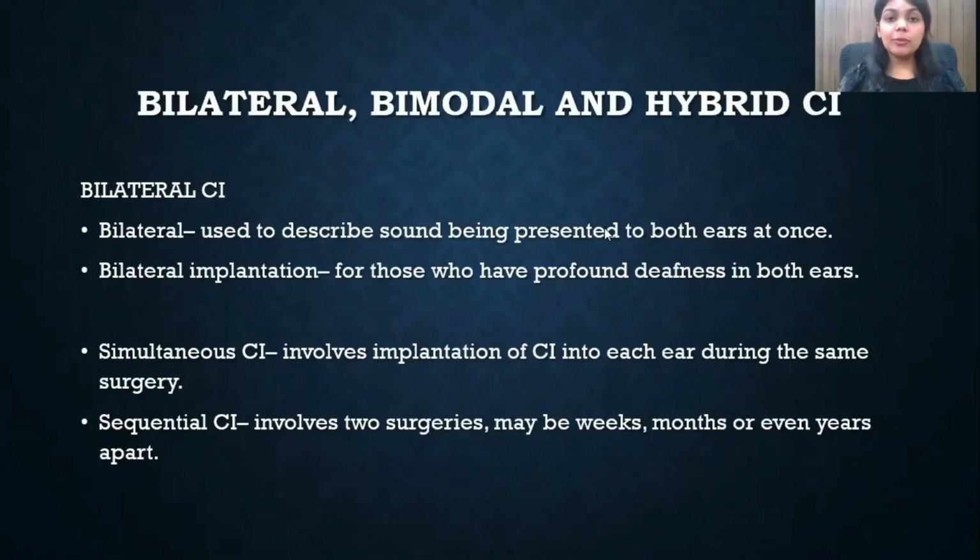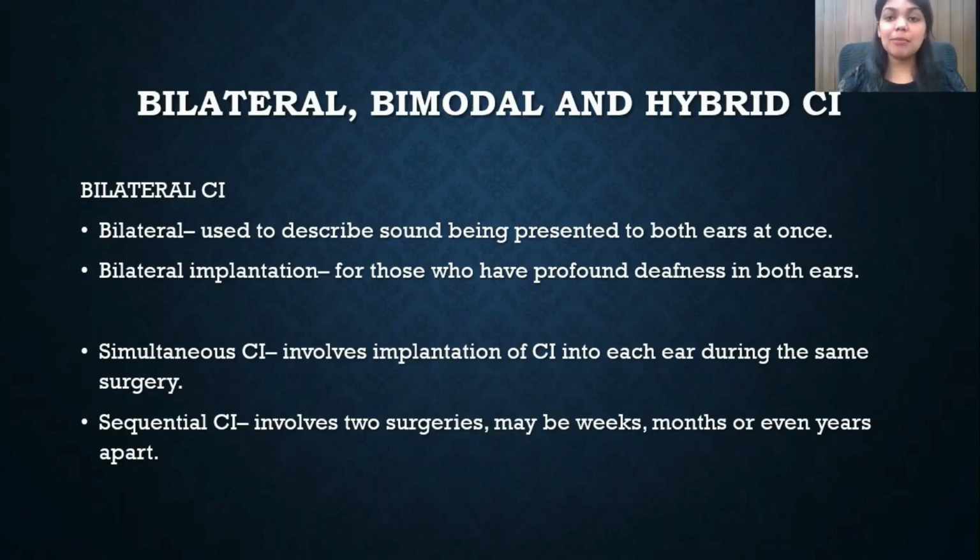So now let's see about bilateral, bimodal, and hybrid cochlear implant. So these are the methods which are recommended to give amplification or aid to both ears. So a bilateral CI means when a cochlear implant is given to each ear. So bilateral means sound is being presented to both ears at once.